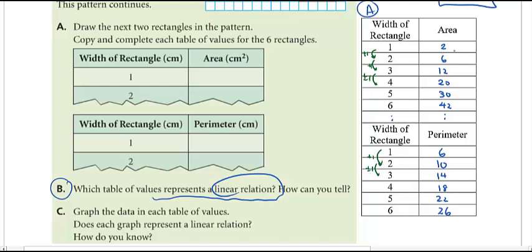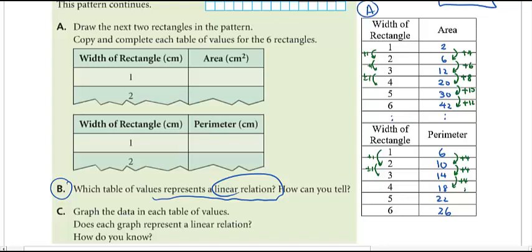Notice though, the area, from the first set to the second set, it went up by 4, then it went up by 6, then by 8, then by 10, and 12, okay. And then over here, it went up by 4, and 4, and 4.